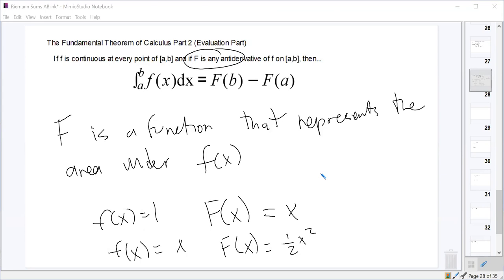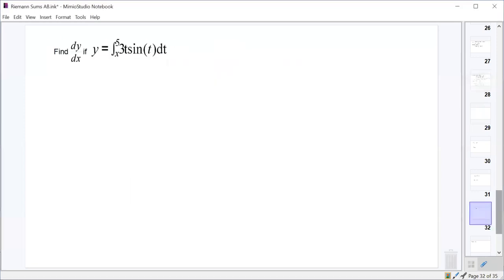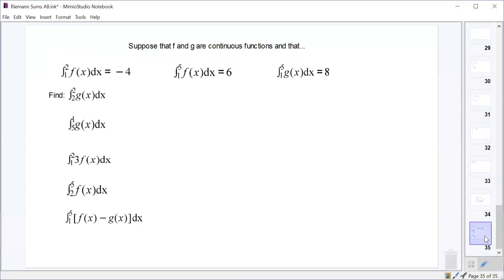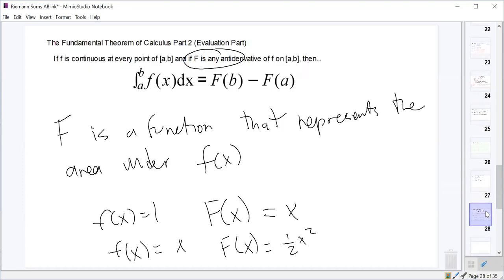So when we have an indefinite integral, well, let's see, somewhere down here, I might have them in here. No, but I don't have any in here. Okay. Well, when we have an indefinite integral, what page were we on? Right here.